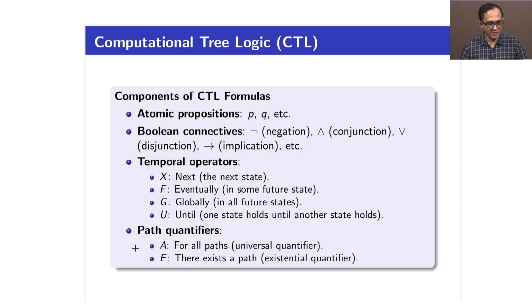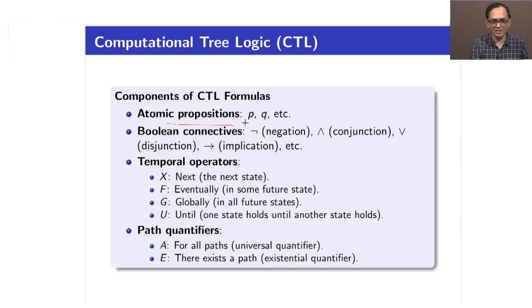If I now try to formally define CTL, let us define computational tree logic properly. We have seen LTL. In LTL, what do we have? We have atomic propositions like P, Q, reset, start, and so on, any proposition, and then Boolean connectives like negation, conjunction, disjunction, or implication.